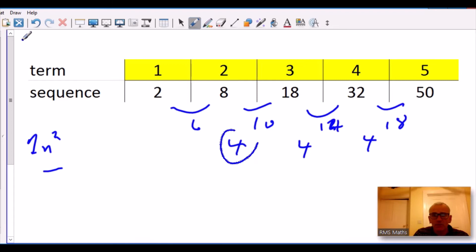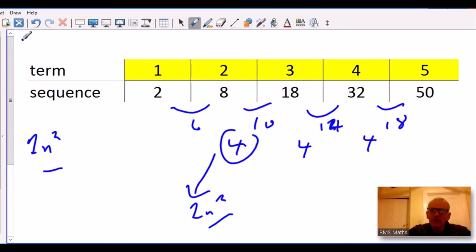Great, 4. So 4 goes to 2n squared. If that second difference was 6, 3n squared. If it was 8, it's going to be something to do with 4n squared.